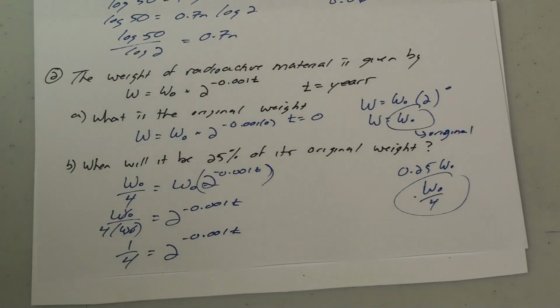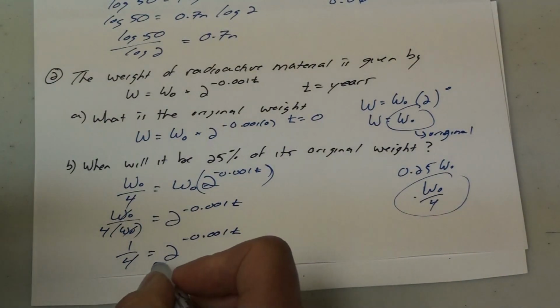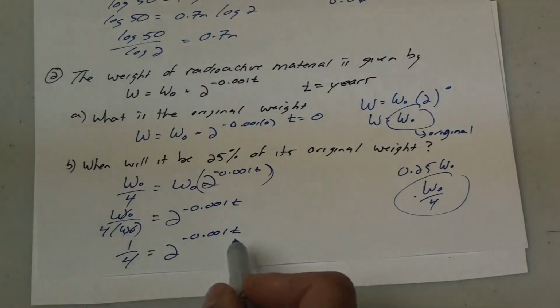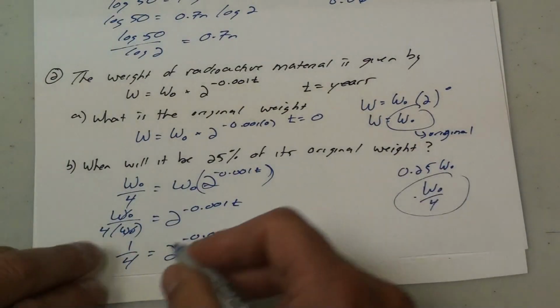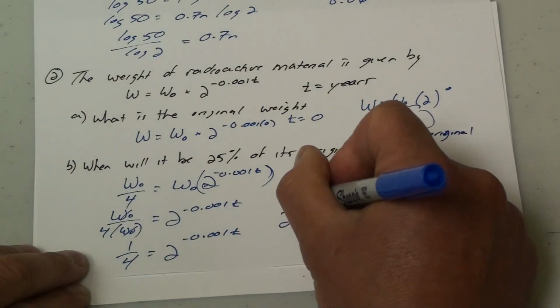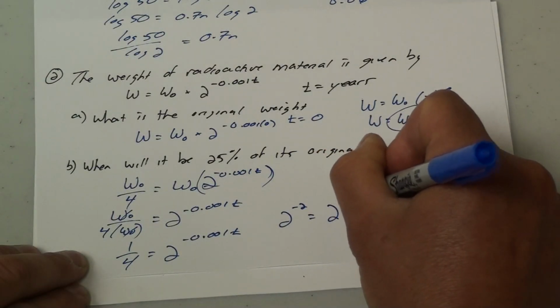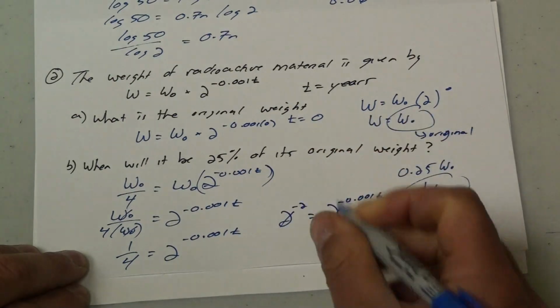Now this one is actually a little nice. I don't need to use logarithms. Ordinarily I put logarithms on both sides and then rearrange to get t by itself, but because I can express them both with a base of 2, 1/4 is 2 to the exponent of negative 2. And so that's going to equal your 2^(-0.001t). My common bases cancel out.